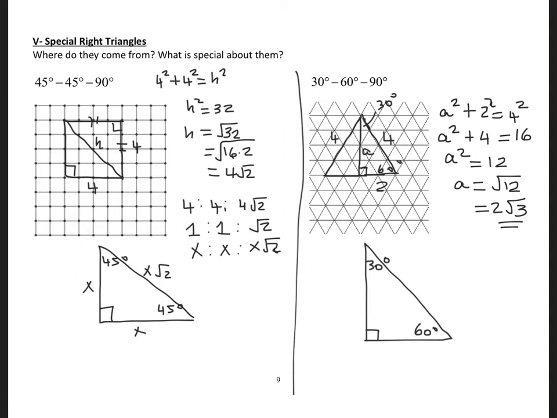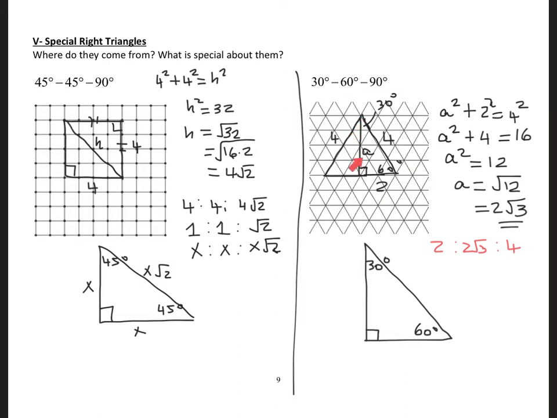So let's write the ratio of the sides. Actually, let me write it this way: 2, then 2 square root of 3, and then 4. The side with 2 is called the short side.